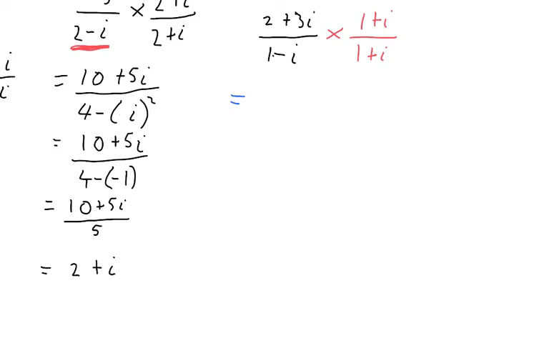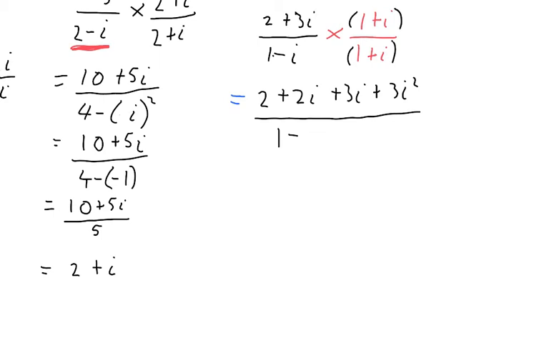So 2 times 1 is 2 plus 2i. We're expanding because these are in brackets, obviously. Plus 3i plus 3i squared over 1 minus i squared.